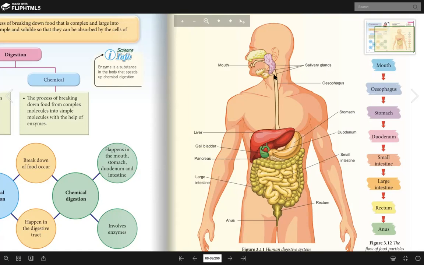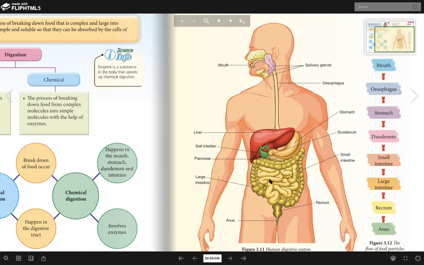The food is able to be pushed down from the esophagus to the stomach. Makanan tu akan daripada mulut pergi ke esophagus and then it will go to the stomach. After the stomach, the duodenum. Ni duodenum kat sini. And then the food will go to the small intestine. Ni small intestine yang berlipat-lipat ni.